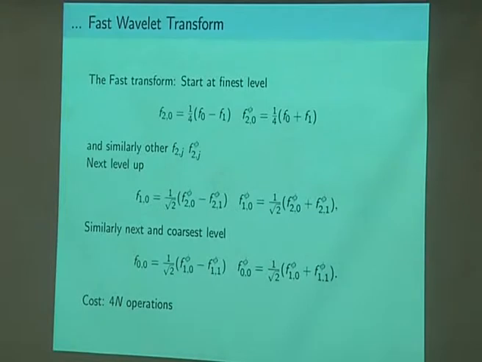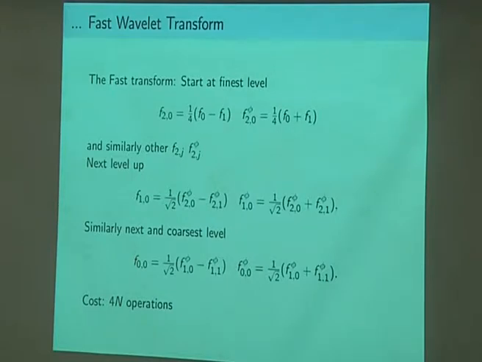Then this is the way the fast transform works: you start at the finest level, where the wavelet component just involves the difference between the adjacent terms. And then if we apply not the wavelet function, but the scaling function, we get the sum of the two. And we store that component. And we do it for all of the i's, so this would be for 0, 1, 2, 3.